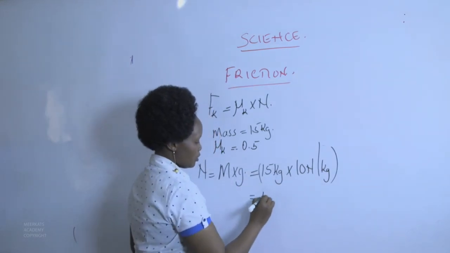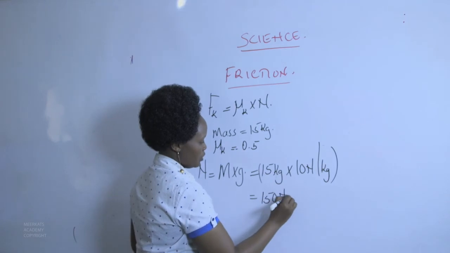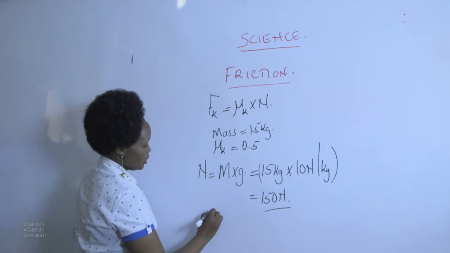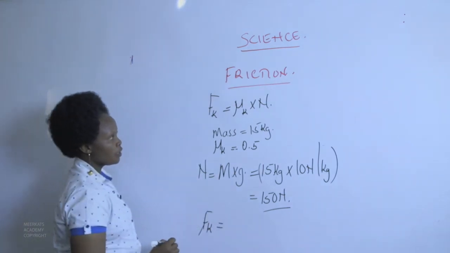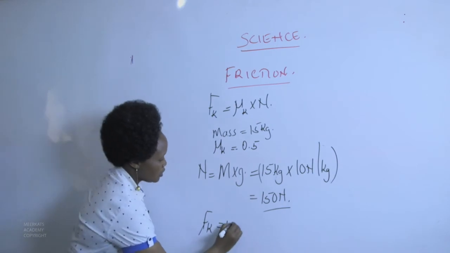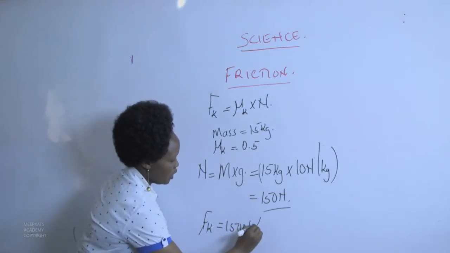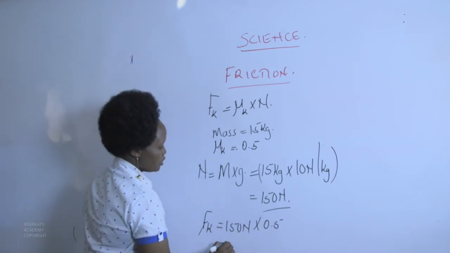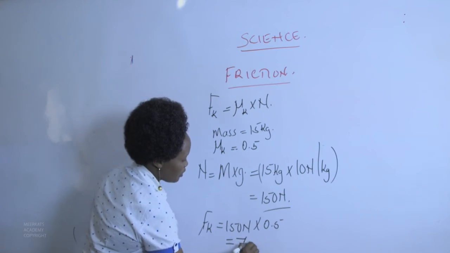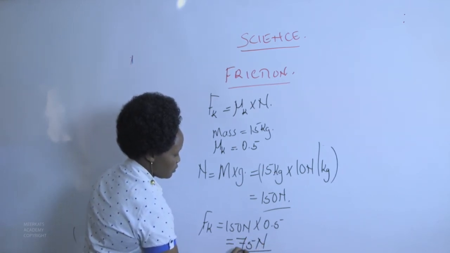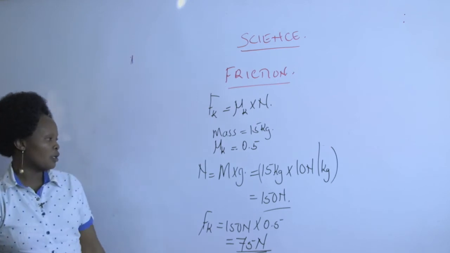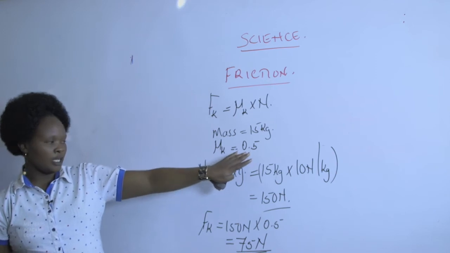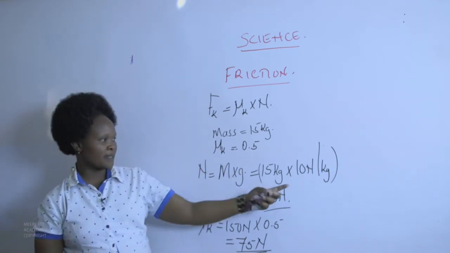Therefore, you end up with 150 newtons as your weight. Therefore, kinetic friction is going to be given by 150 newtons multiplied by the coefficient, and that will give you 75 newtons.